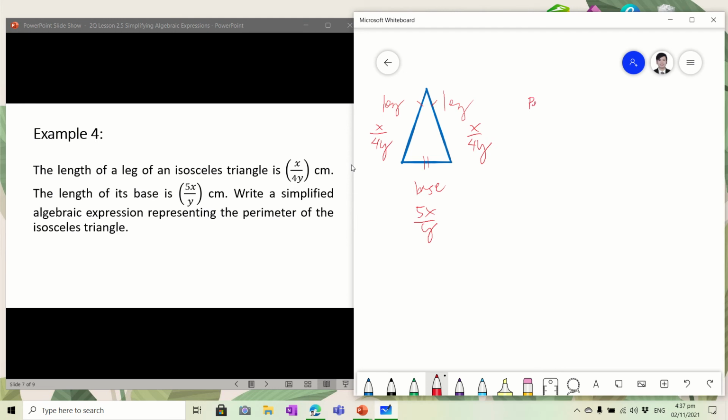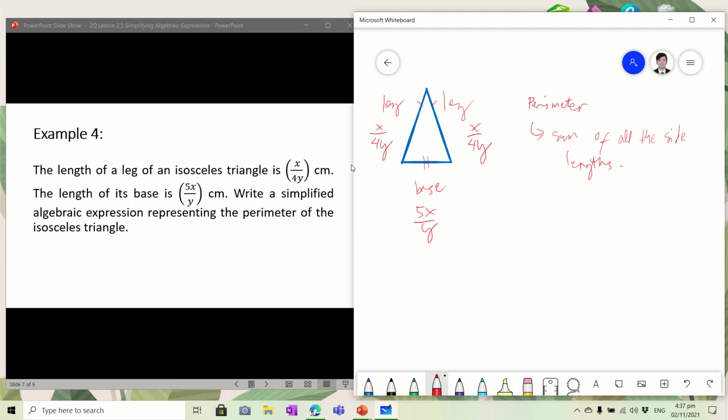Since we're talking about perimeter, it is all about the sum of all the side lengths.